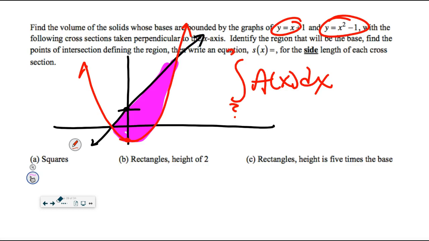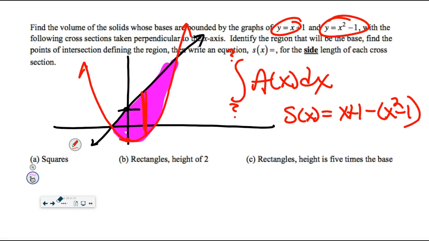You would do top minus bottom. That's S. Okay, so let's write that down. S of x equals top minus bottom. The line's on the top. So let's do that. X plus 1 minus x squared minus 1. We need that for all of these, because it's a side of every single figure. All right, so let's clean that up. It'd be a negative x squared plus x plus 2. All right, that'll help.